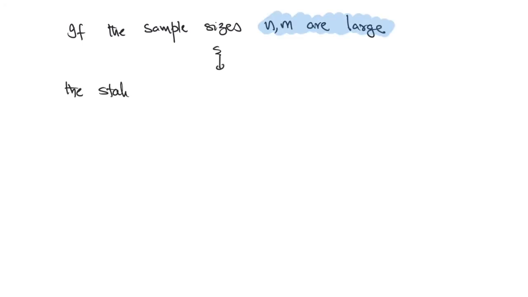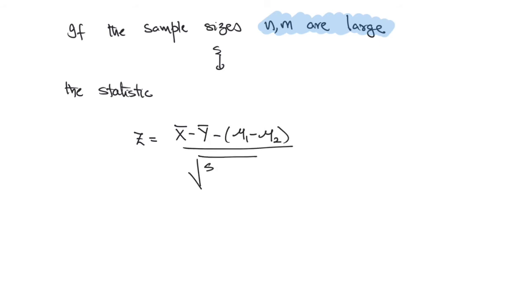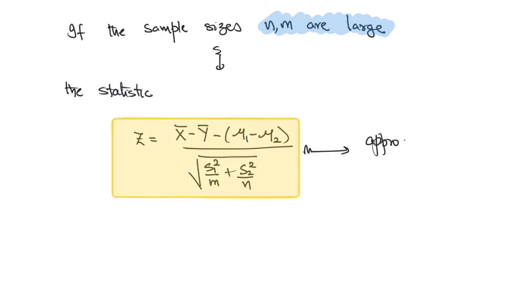In this setting, if the sample sizes n and m are large, we can consider the statistic z equals x bar minus y bar minus mu1 minus mu2 divided by the square root of s1 squared over m plus s2 squared over n. And this statistic approximately has the standard normal distribution.